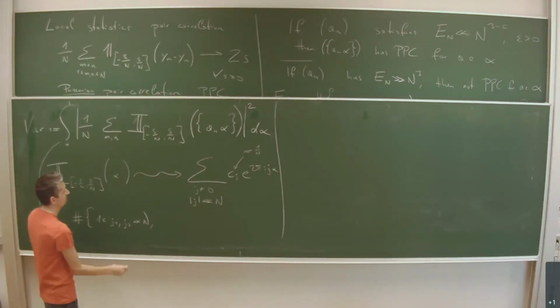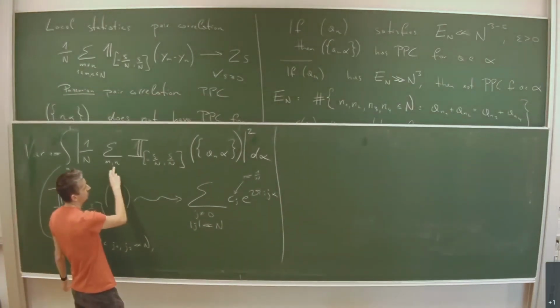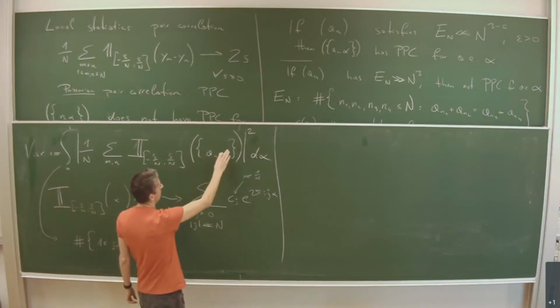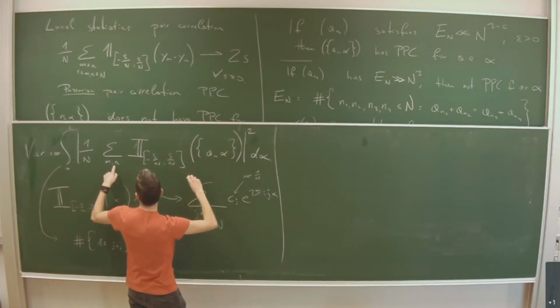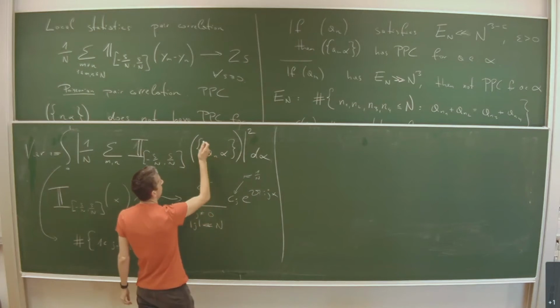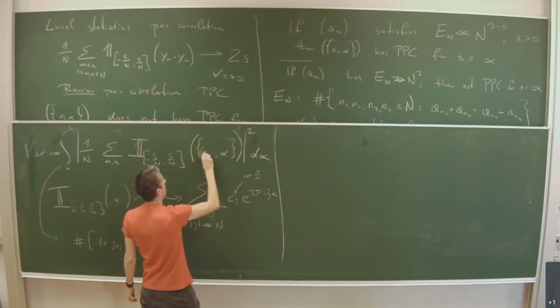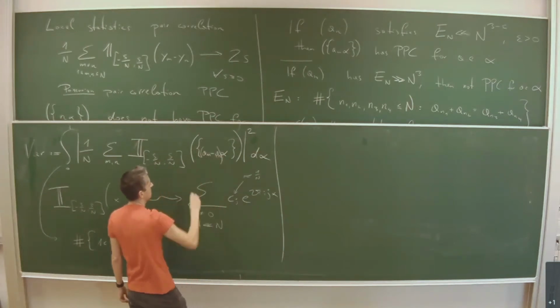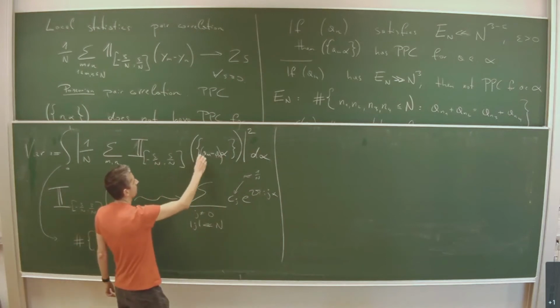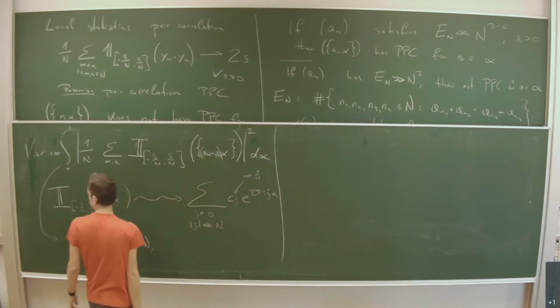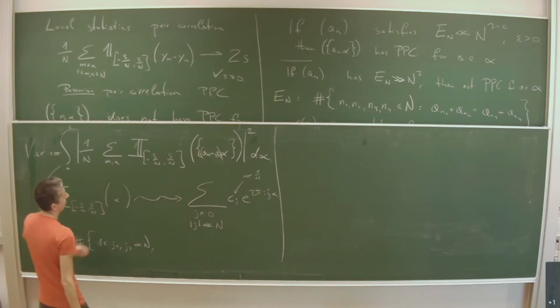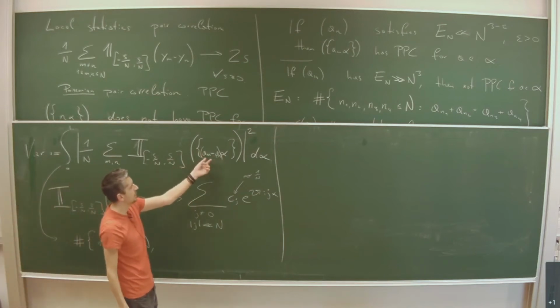I'm doing this all wrong, I'm sorry for that. So here I should have written from the very beginning fractional parts of am alpha minus an alpha. So here actually what we see is counting am alpha minus an alpha, fractional parts of this. So we have pairs here, fractional part of am alpha minus fractional part of an alpha.